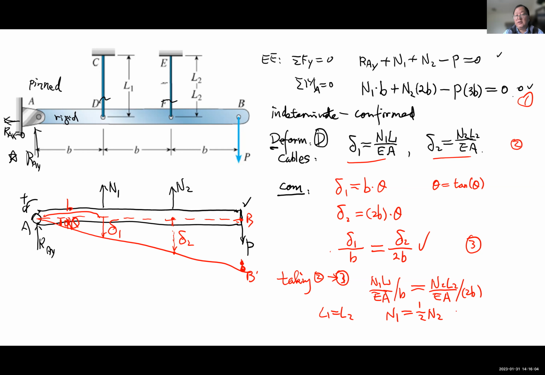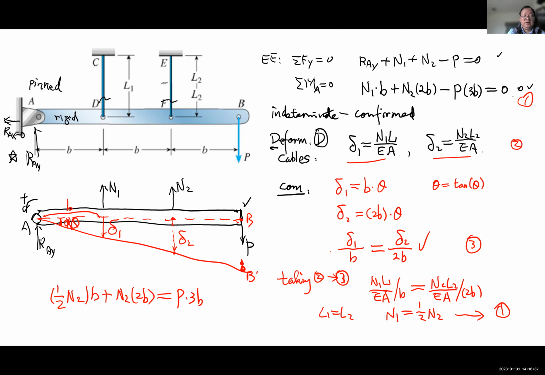Okay, so with that, I can take this into equation 1 and solve it. Because N1 equals half N2, I have N1, that's half N2, times b, plus N2 times 2b, and that equals P times 3b.